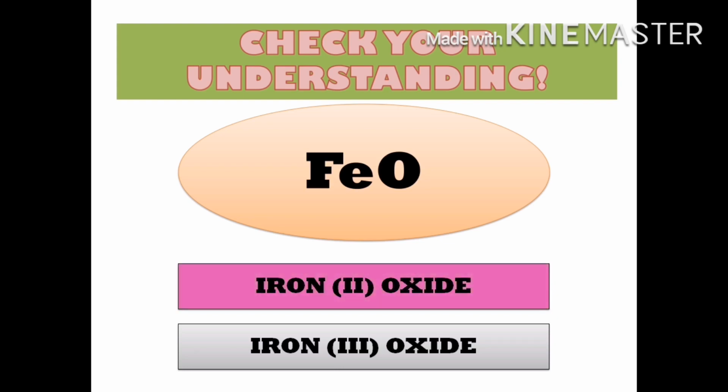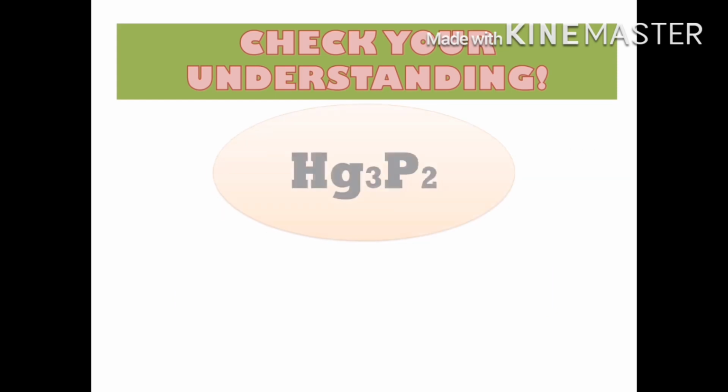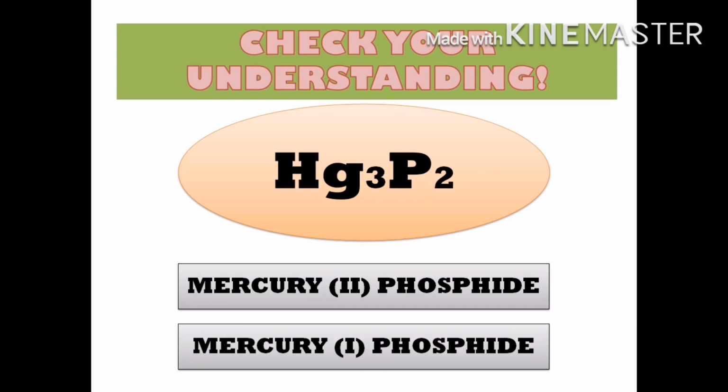And if your answer is iron 2 oxide, keep it up! Which of the following do you think is the chemical name of this formula? Hg3P2. And if your answer is mercury 2 phosphide, well, congratulations!